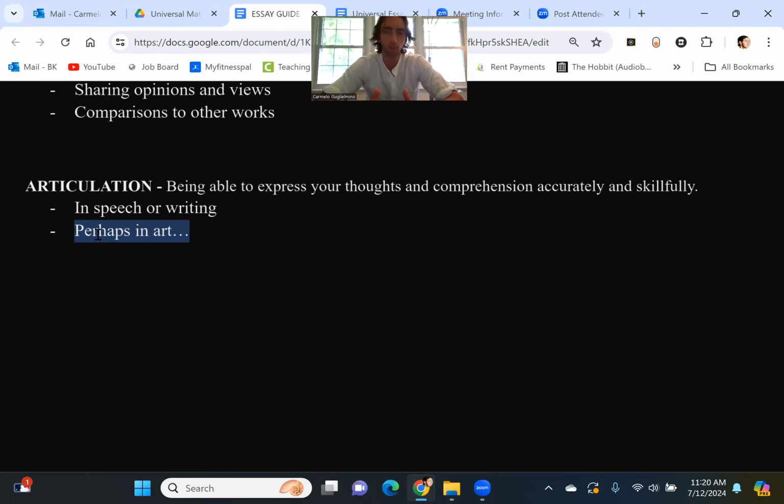So if you are someone who is very much on that left side of the brain, in that open, intuitive way of thinking, and you struggle with communicating in written, articulated words, that's fine. You might do better in something like art, if you can communicate what you're trying to get across in artwork. This is also a very, very powerful skill.